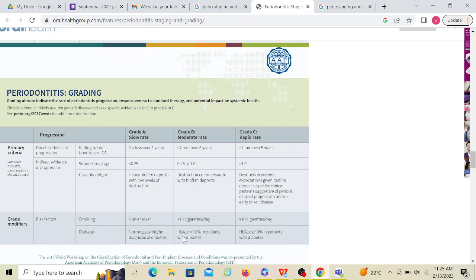It's stage 3 because it's more than 5 mm. But there is furcation involvement of only class 2 and there is no other problem. So hence it becomes stage 3 like we learned in the previous chart. And what grade is it? Because he's a non-smoker and non-diabetic, he has a low rate of progression of this disease.